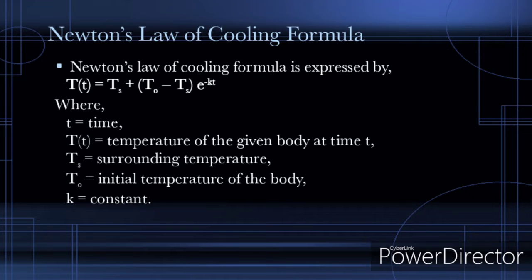Newton's law of cooling formula is expressed by T(t) is equal to T sub S plus (T sub O minus T sub S) times e to the power of kt, where t is the time, T(t) is the temperature of the given body at time t, T sub S is the surrounding temperature, T sub O is the initial temperature of the body, and k is a constant.